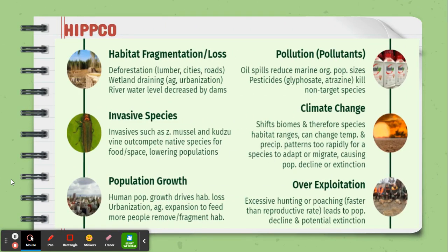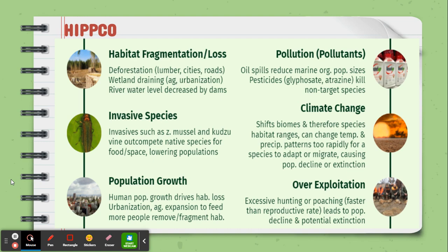Now with this slide comes kind of like an outline of some examples of our acronym of HIPCO. So remember, with the H, this stands for our habitat loss or habitat fragmentation, which is typically the main leading cause of a decrease in biodiversity, because without a habitat, those organisms don't have food, they don't have the resources in order to survive.